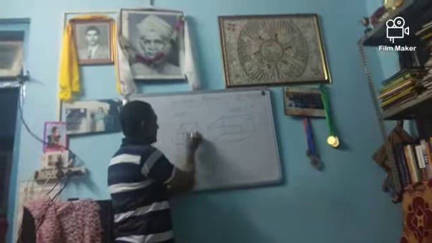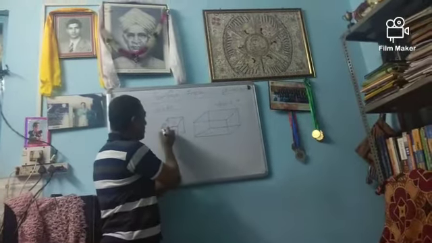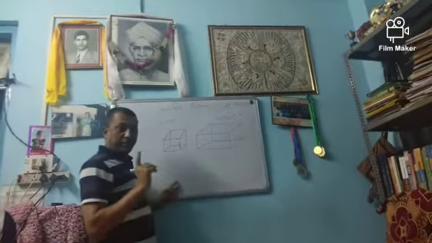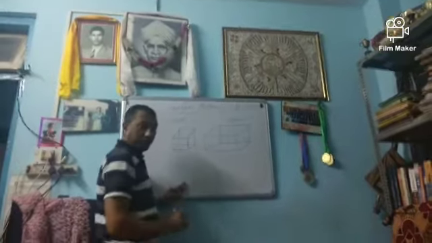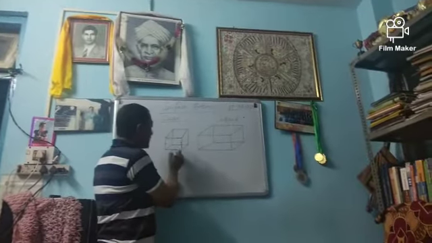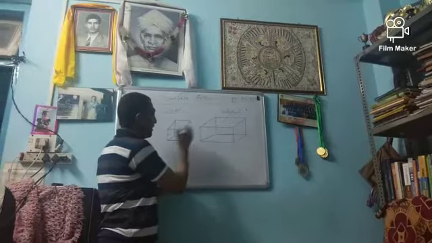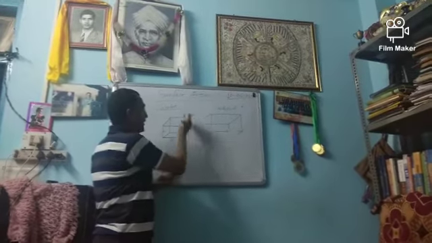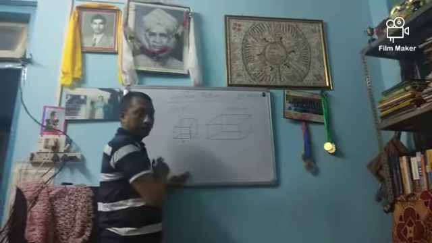Each face of the cube is a square. Now we know that in a square all sides are equal. Suppose this side is A, then this will also be A, and this will also be A. Both sides will be A in this cube.